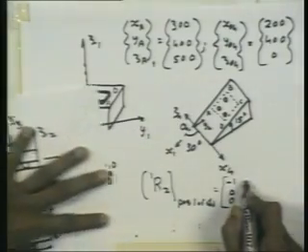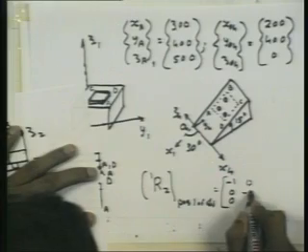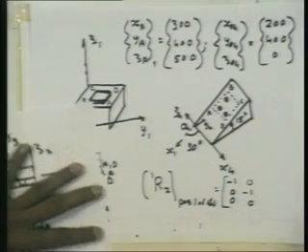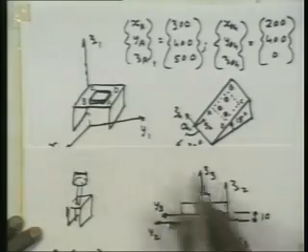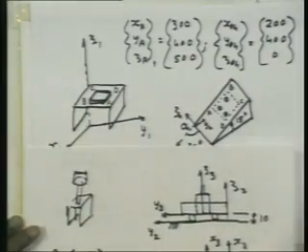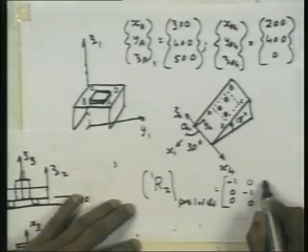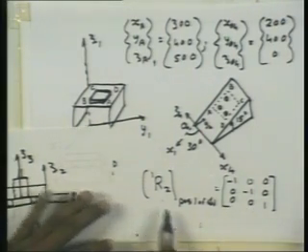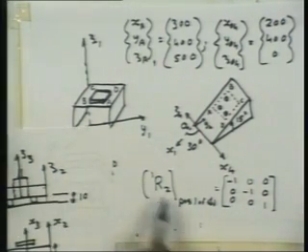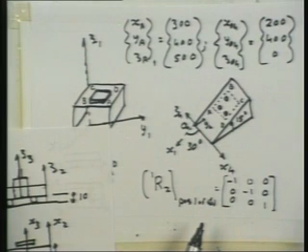So you have 0, -1, 0. What about z? Z2 and Z1 are in the same direction. So 0, 0, 1.